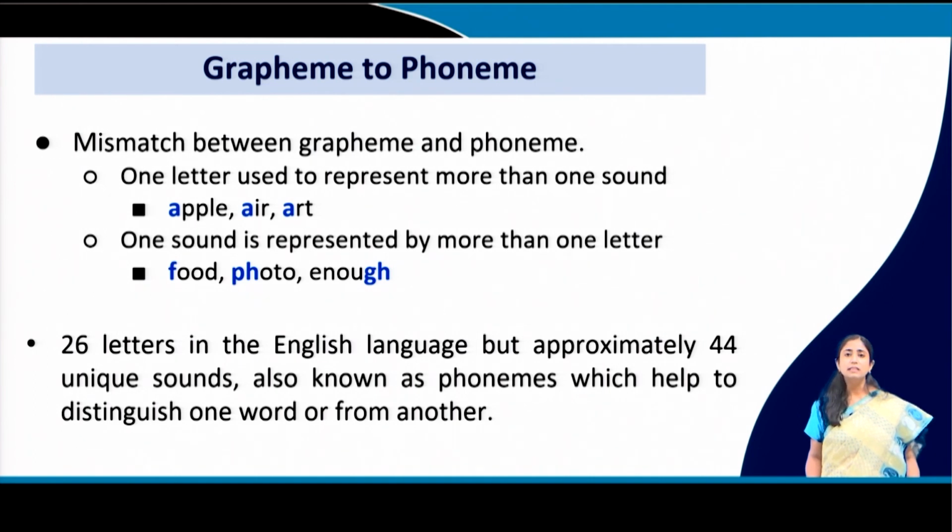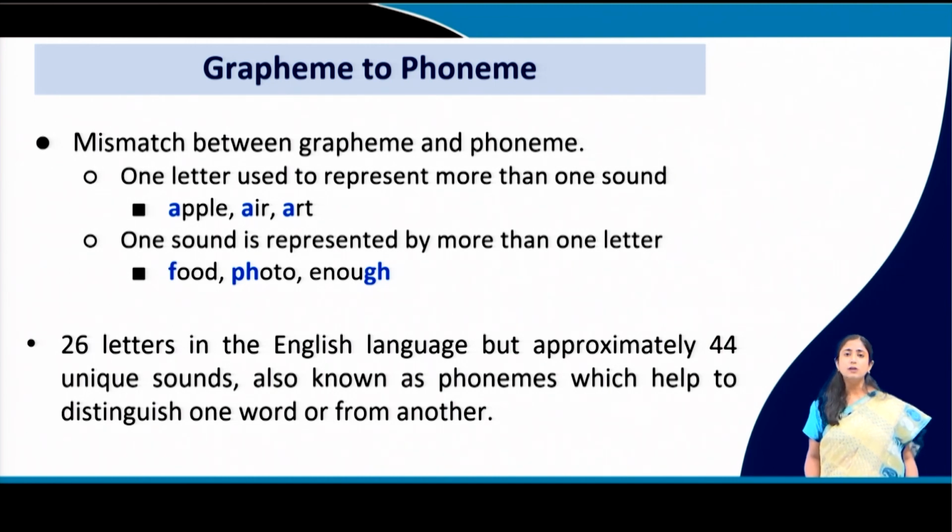In one we see the use of F for food, in another we see PH being used for the first sound, and in the third one we see that GH is used for the same first sound, enough. So, again we can see that there is a mismatch between grapheme, which is what we write, and phoneme, which is the sound. We can't say that there is a one-to-one match between what we write and what we say.